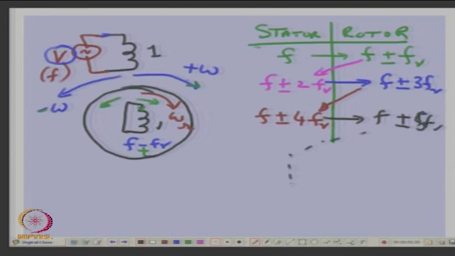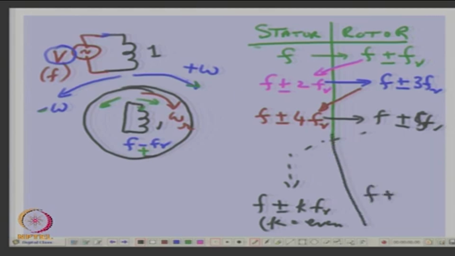You can have F plus or minus k Fr when k is even, and in the other case F plus or minus k Fr when k is odd. Now, you will have several frequency currents induced in both stator and rotor. So, if you measure these currents, they will have several harmonic components.